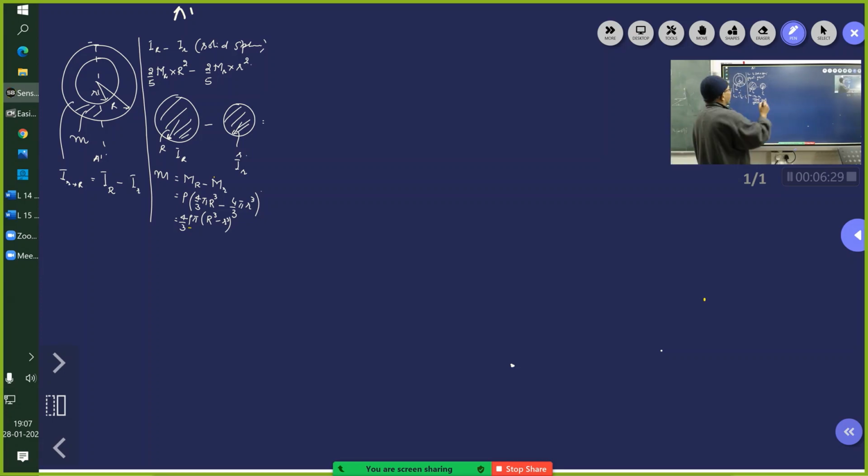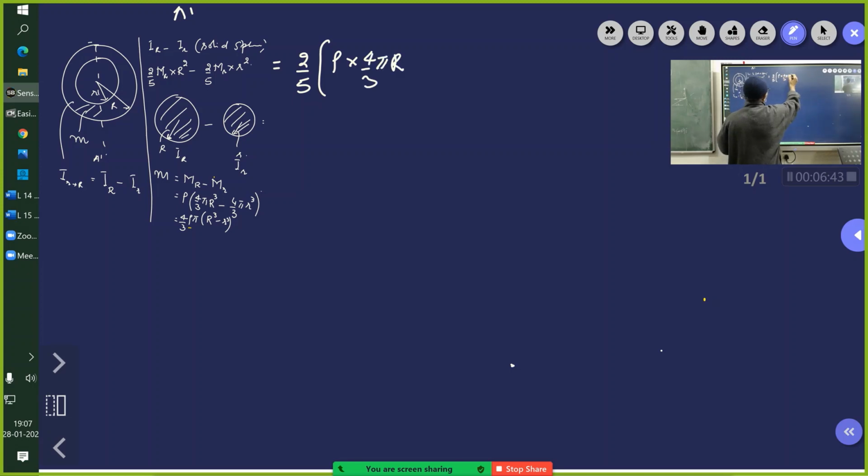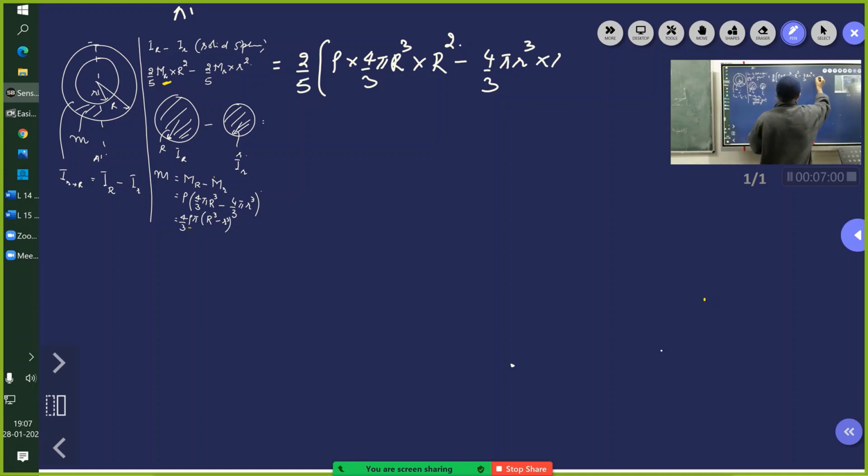So 2 by 5 is constant, and instead of M_R, I'll write rho into 4 by 3 pi R cube into R square, minus 4 by 3 pi small r cube for the smaller one into small r square, into rho.